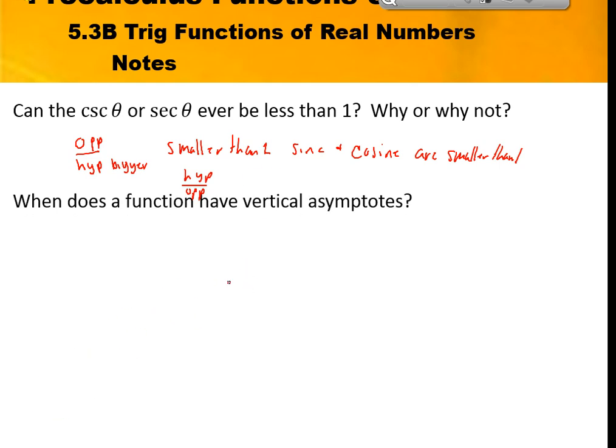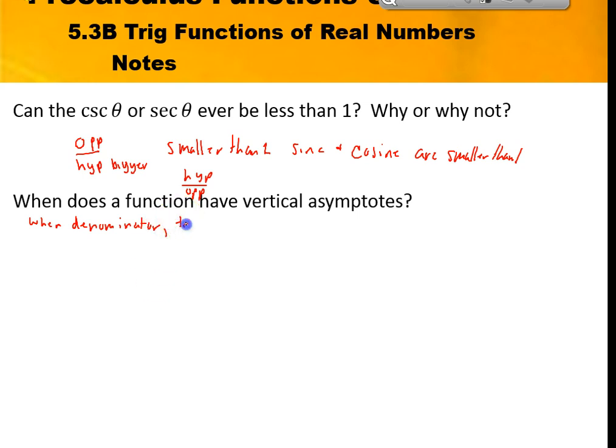It's always going to be above the two lines. So there's that. And then when does a function have vertical asymptotes? So remember we learned about that, and that's when the denominator is 0. So when the denominator is 0, that's when we have vertical asymptotes. And for the trig ratios, remember, those are only undefined when the denominator is 0.